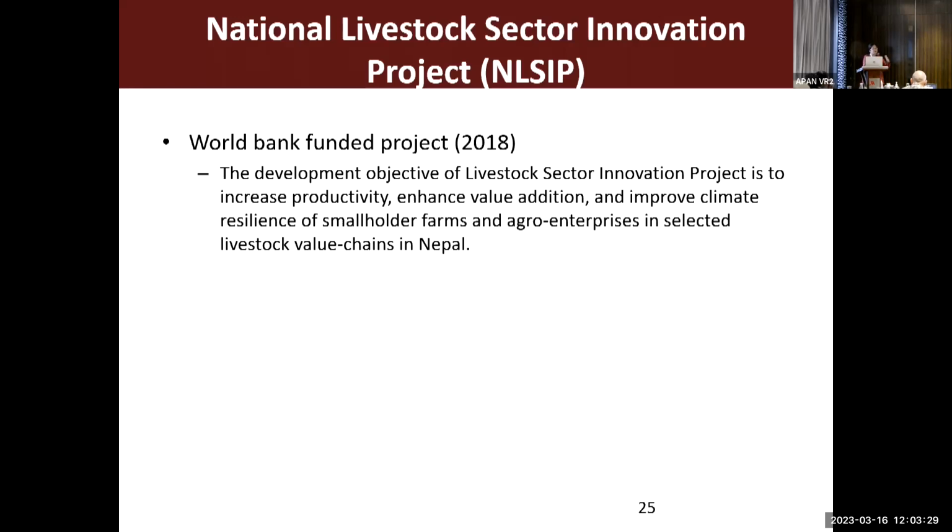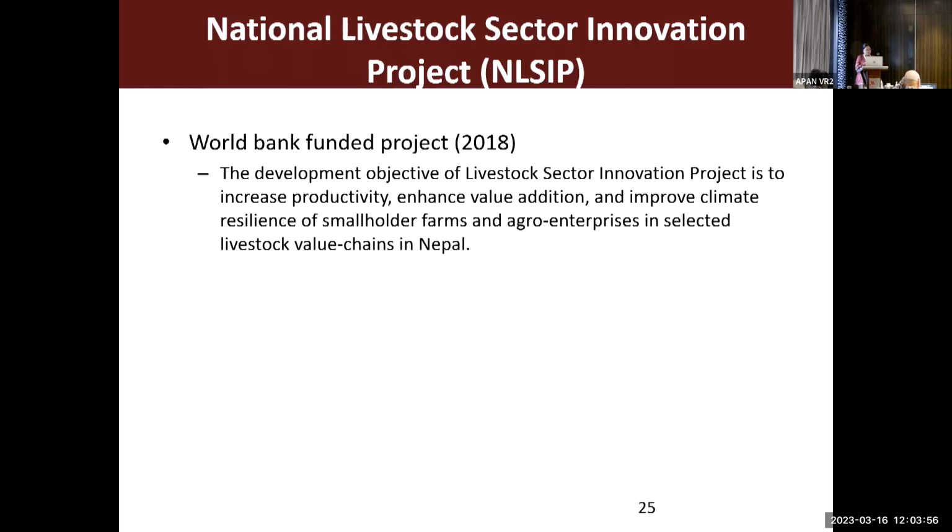There are many other programs upcoming, like the National Livestock Sector Innovation Project, which also focuses on data collection. They are using the same ICT model to collect different sets of data, not only production but also other aspects like climate data.